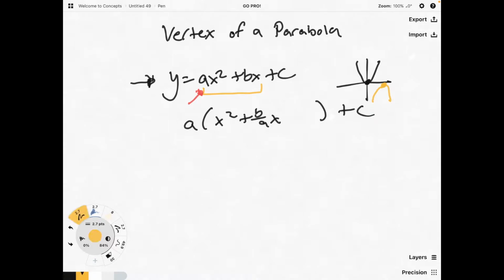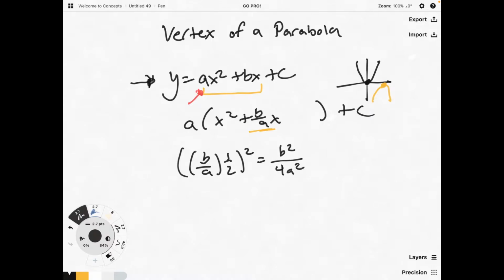Next, to find the square, we take this b term, multiply it by 1/2, and then square it. So if we take b divided by a, multiply it by 1/2, and then square that, we're going to be left with b squared over 4a squared. And this is the term that's going to go here.